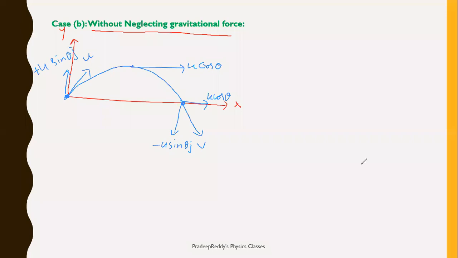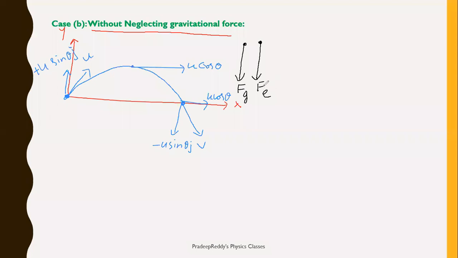Right. Now we have two fields acting over here. One is the gravitational field. There is gravitational force acting in the downward direction, and along with that there is an electrostatic field which is also acting in the downward direction. Two fields we are now considering. In the previous case, I took Fg as 0.